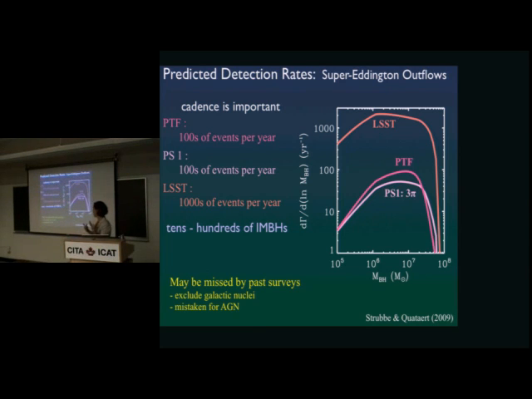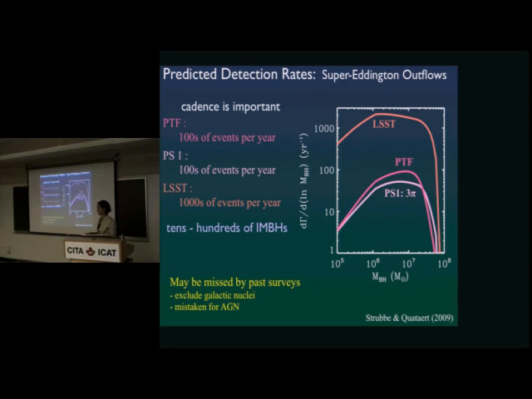You could think that past surveys could be constraining for whether these detection rates are actually reasonable, but supernova searches, for example, typically exclude galactic nuclei where things get very complicated, or if they didn't, they would have mistaken these events for AGN. And so they're probably not too constraining, and it's possible that these detection rates are really reasonable, and we are going to be sensitive to all of these events in the very near future.